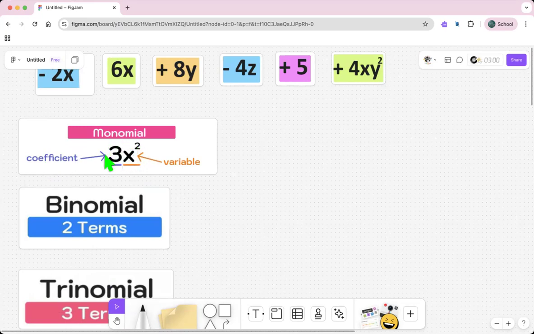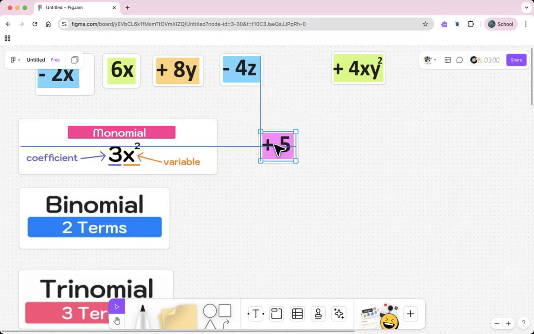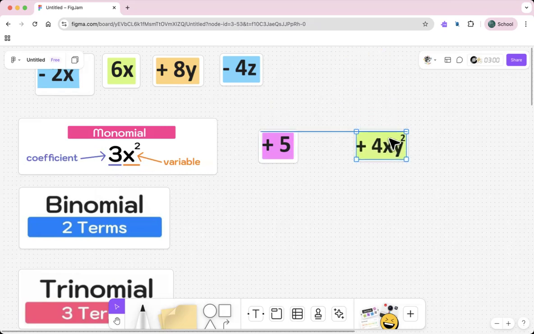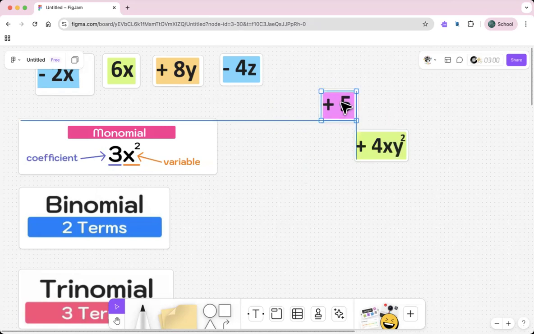Now, because this term is not separated by a positive sign or a negative sign, we call that a monomial. A monomial has one term. So, for example, the constant number 5, even though there are no variables with the 5, it is still considered a monomial. 4xy squared.